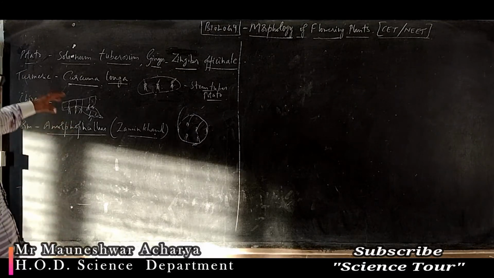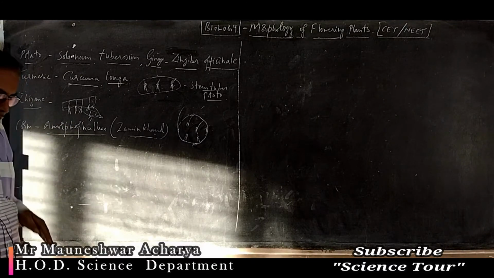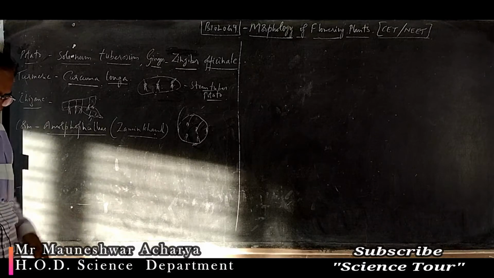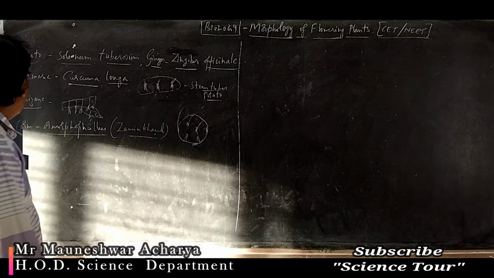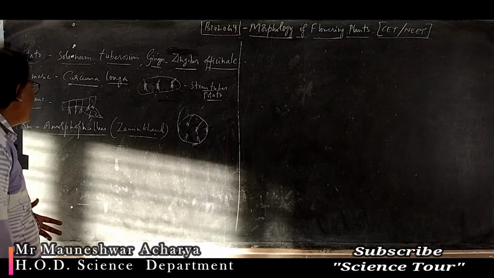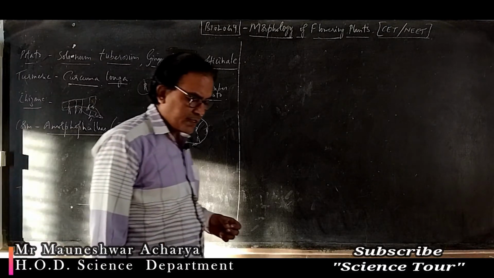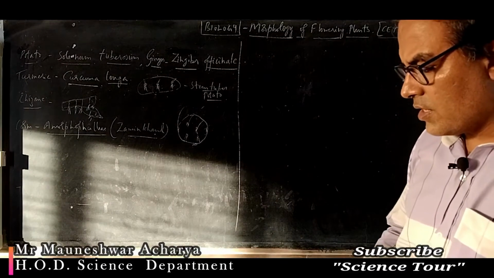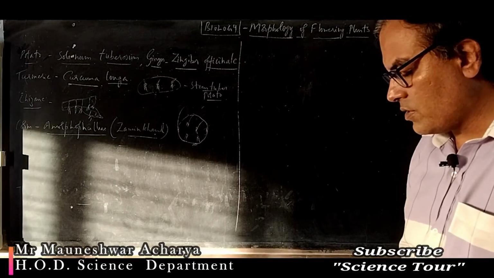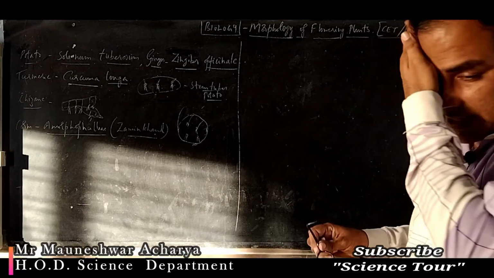In case of stem tuber, the stem is growing horizontal to the surface of the ground. Okay, similarly in case of rhizome, ginger, and turmeric, you see there is a horizontal stem here also, and there are nodes and internodes.